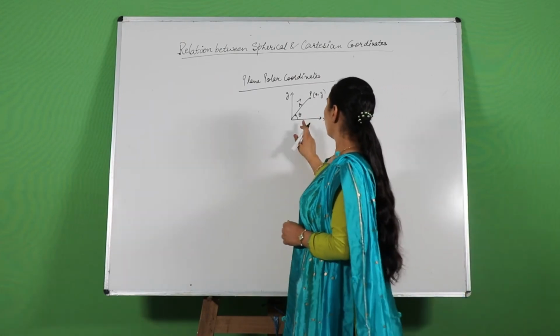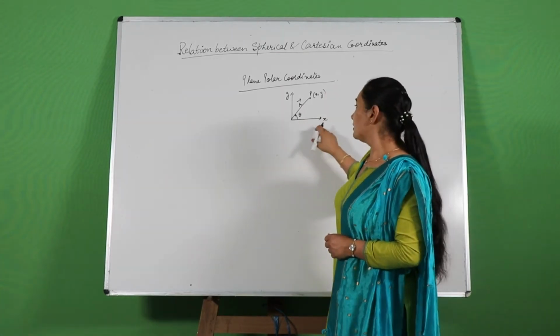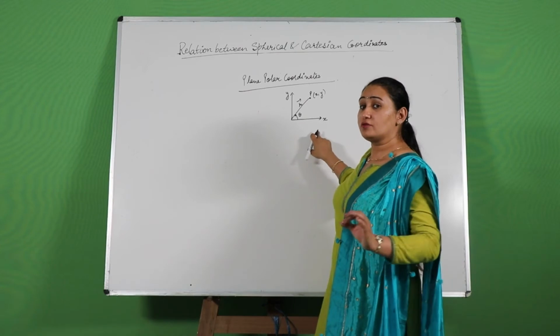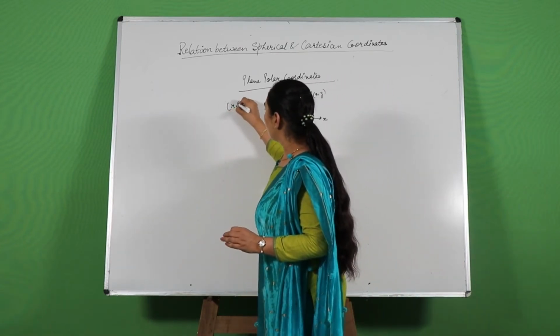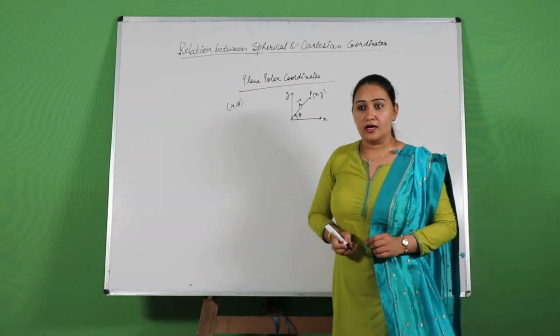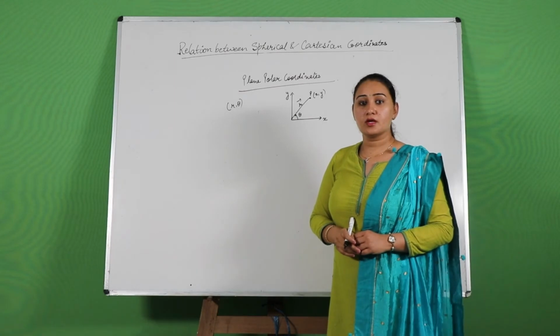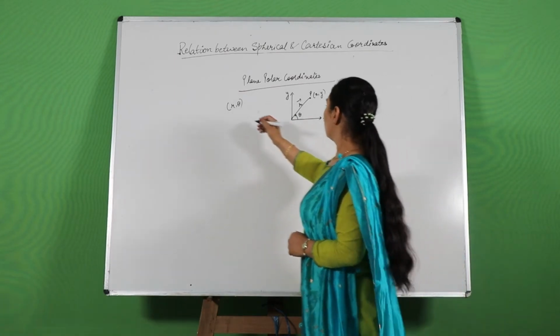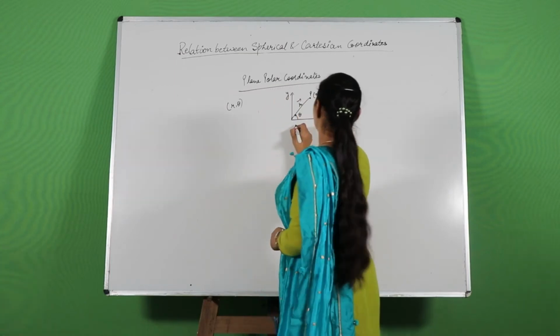So what will be the relation between your plane polar coordinates and your Cartesian coordinates? So first of all, your plane polar coordinates are r and theta, and your Cartesian coordinates are x and y. So the relation between both will be, this is your x.